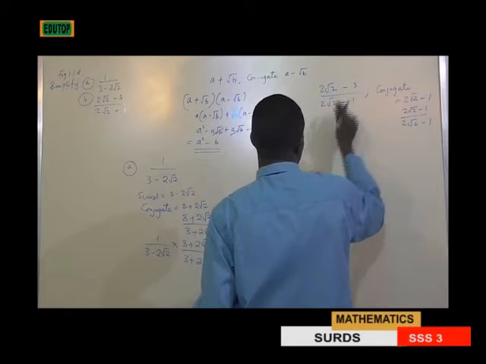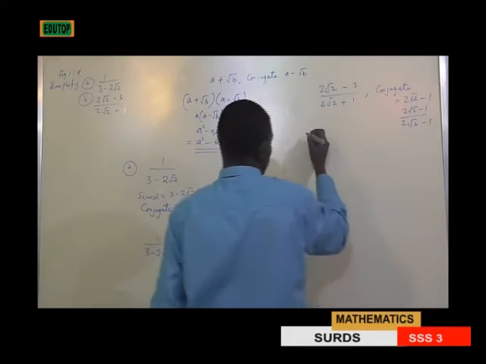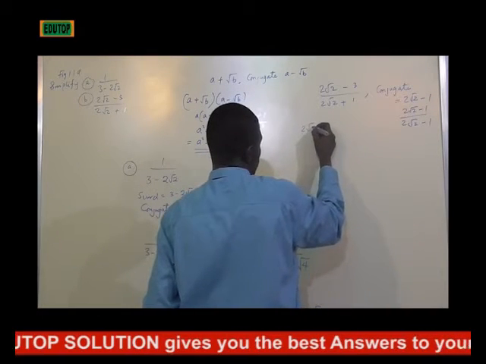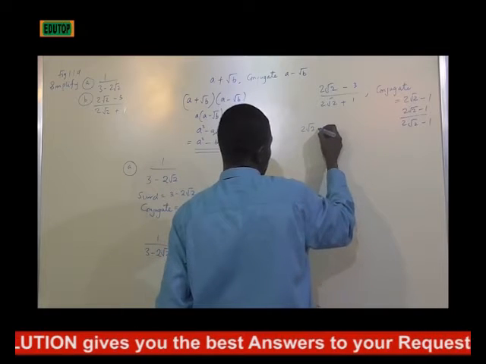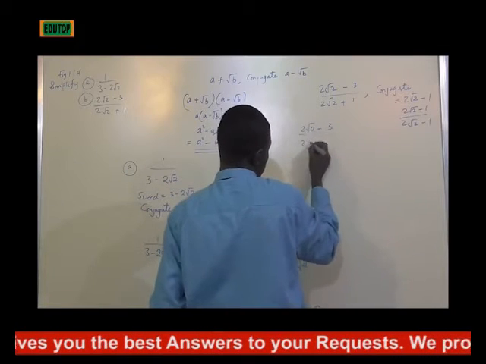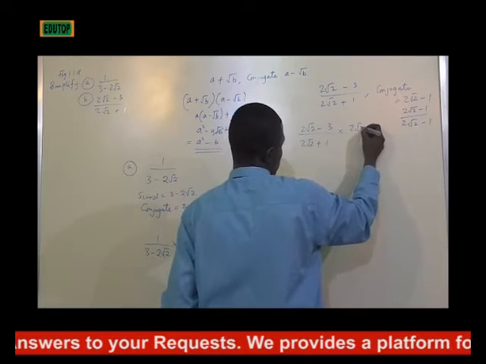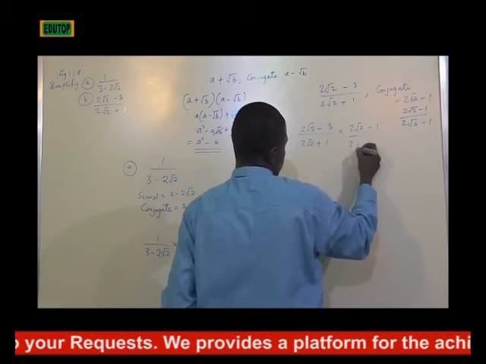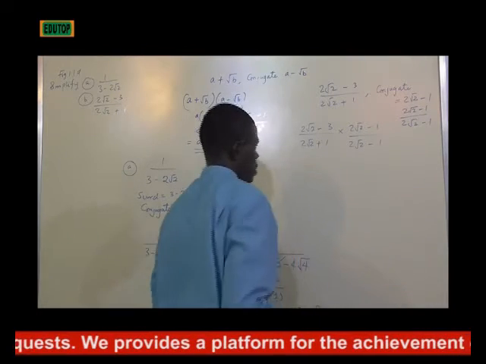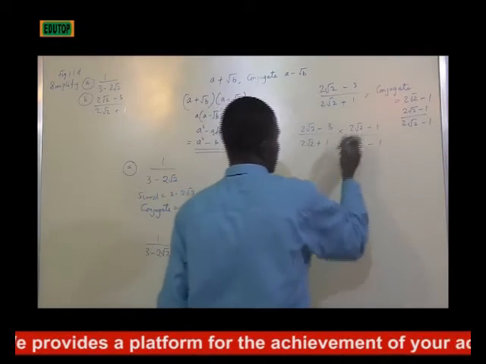We use it to multiply the original surd, and that will be 2 root 2 minus 3 over 2 root 2 plus 1 multiplied by 2 root 2 minus 1 over 2 root 2 minus 1. So we use this to multiply this.